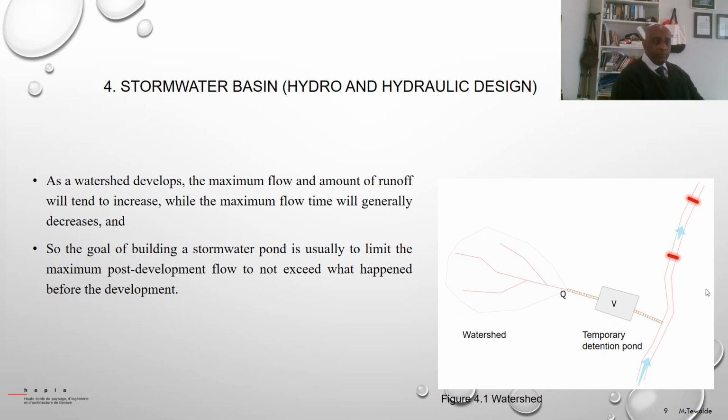Then if we increase the effective rainfall of the runoff, then the peak discharge increases, and that peak discharge may affect the structures at the downstream side of this river.